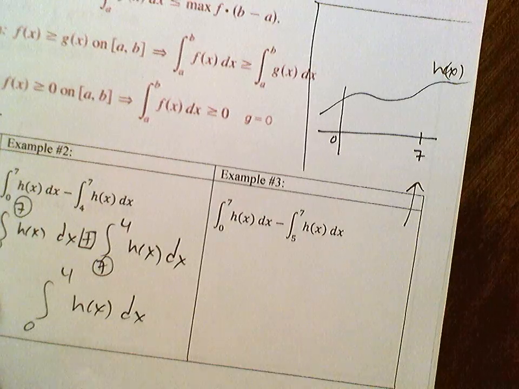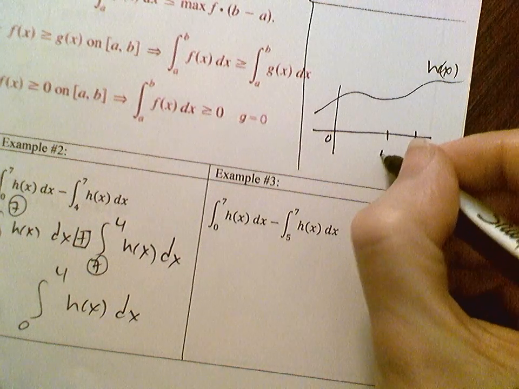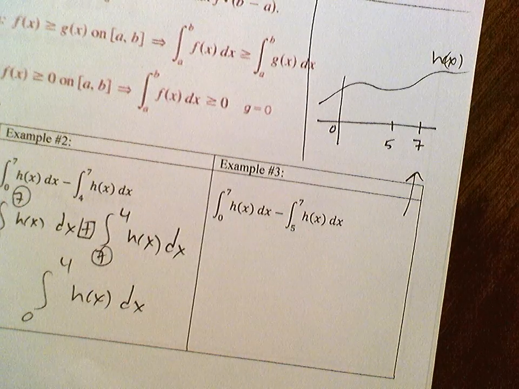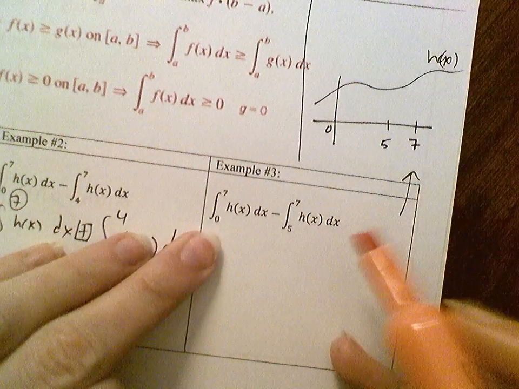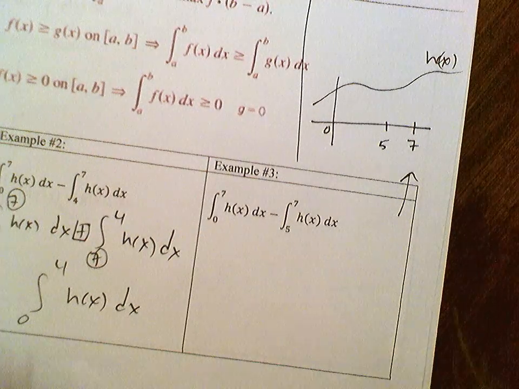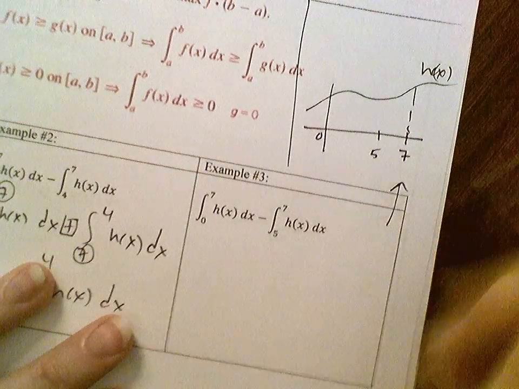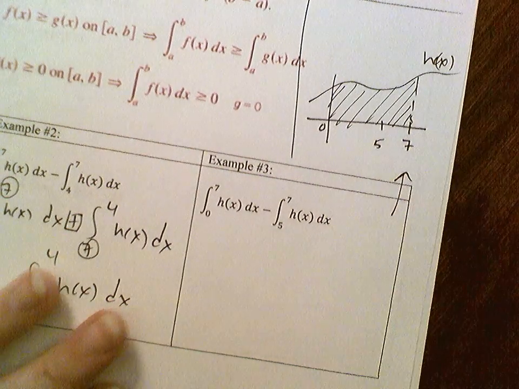And I want to look at 5 to 7. Okay. So the first, 0 to 7, is this area.